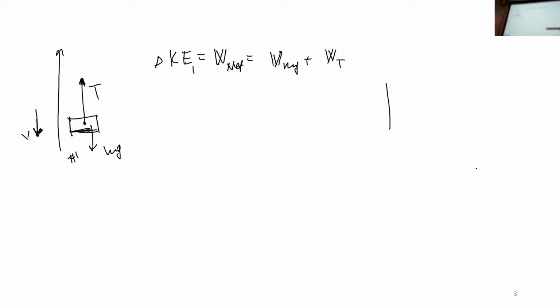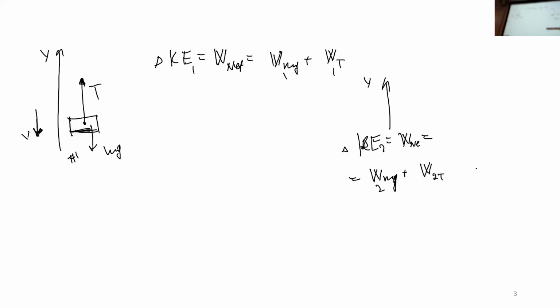And for object number 2, the change of the kinetic energy is equal to net work done on that object. So that's going to be the work done by gravity acting on the second object plus the work done by tension acting on the second object.